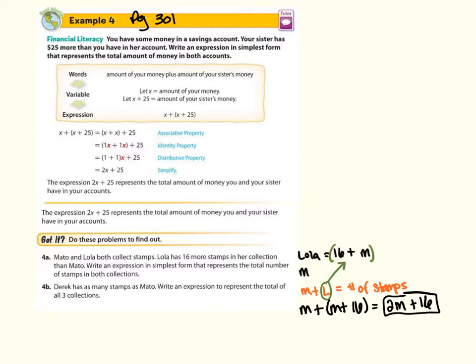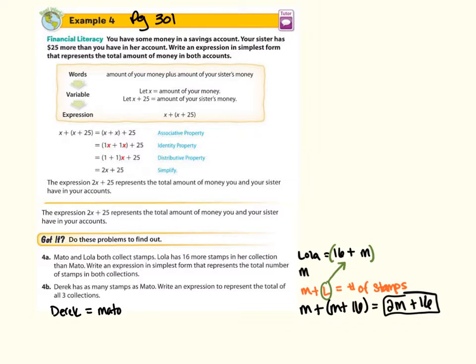Now look at 4B. Derek has as many stamps as Motto. Write an expression to represent the total of all 3 collections. So when Derek has as many stamps as Motto, that means Derek pretty much has the same as Motto, so he can equal Motto.